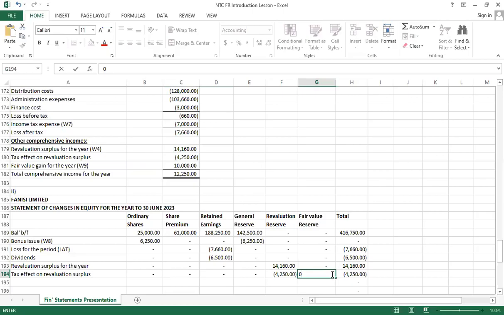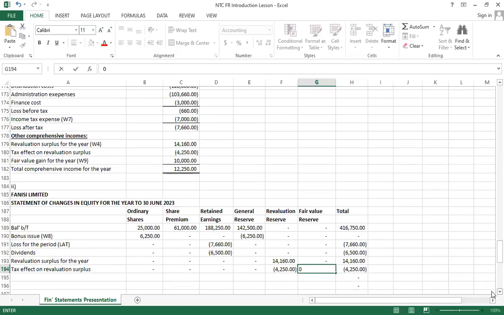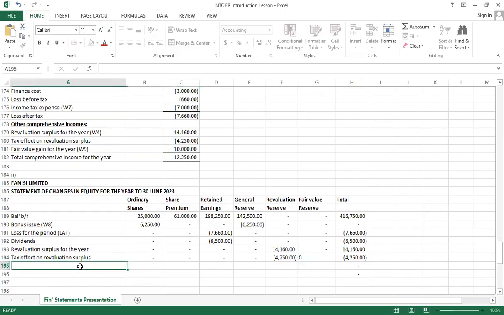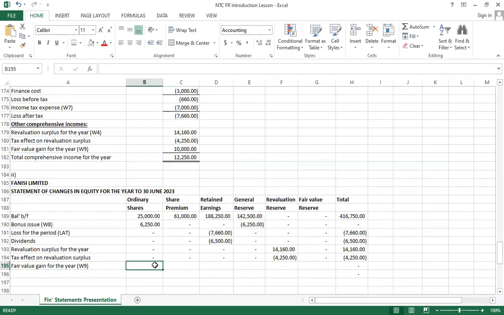The fair value reserve is a nil in that respect. And then lastly, for the fair value reserve, you adjust by the fair value gain for the year, working number 9. So it does not affect the first 5 columns. Under the fair value reserve, we then have this 10,000.